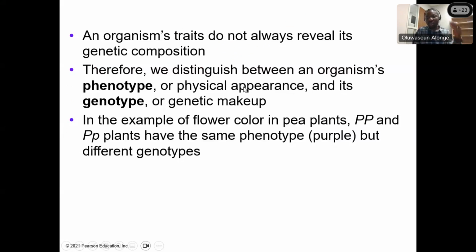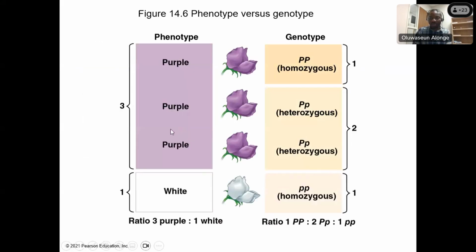Like I told you, a purple flower that is heterozygous purple is different from a purple flower that is homozygous purple. All right. So in this example, the flower of the pea plant, PP, homozygous purple and heterozygous purple plants have the same phenotype. They are all purple, but their genotypes are not the same.